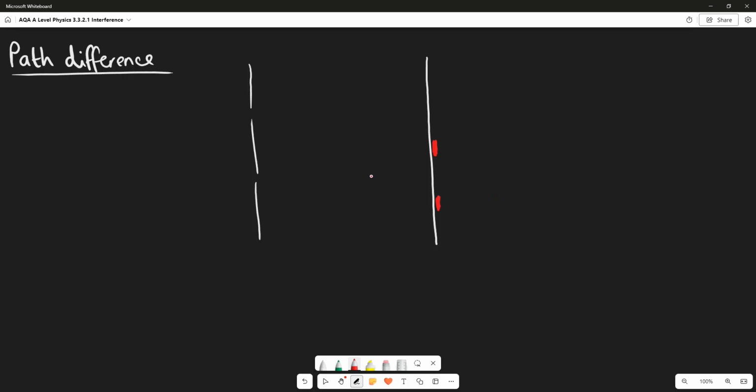Let's compare that to the dark spots. So the light arriving at this dark spot is travelling a slightly shorter distance than the light travelling from up here, and the difference in the distance of that path was half a wavelength. So when we did this measurement here, it was just under 4 wavelengths.